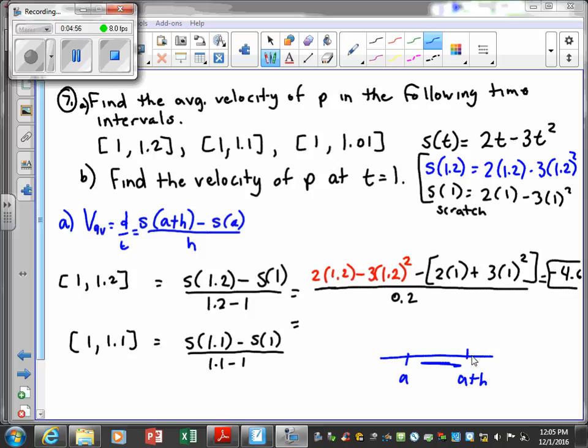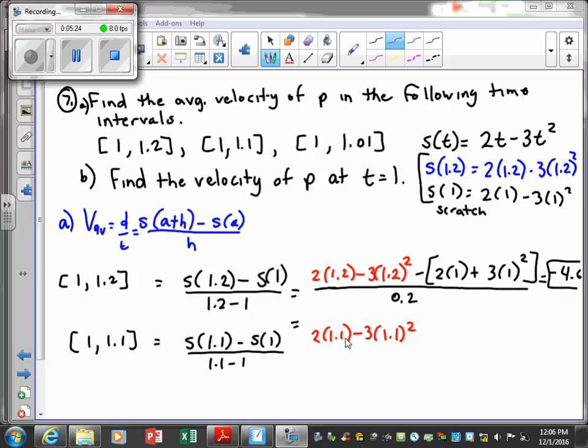So when we're trying to find the distance, we need to know s of a plus h minus s of a, and subtract out that. That gives us the distance. And the h right here is going to be the time. So the difference in the time interval, that's why we're subtracting the seconds there. And so this calculation itself is going to give us our average velocity.